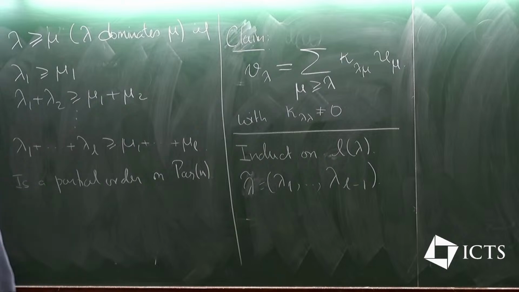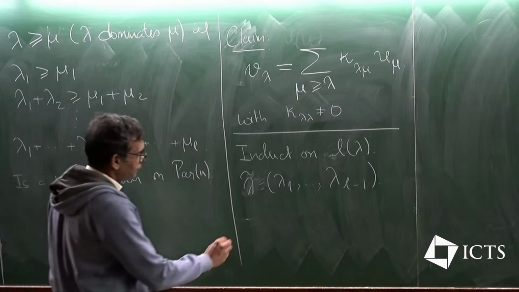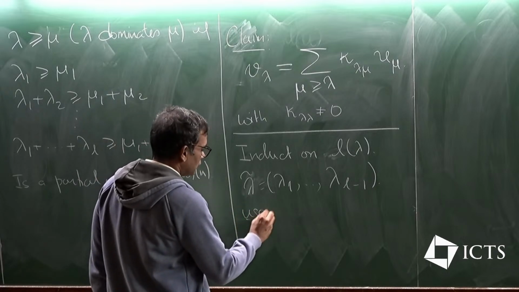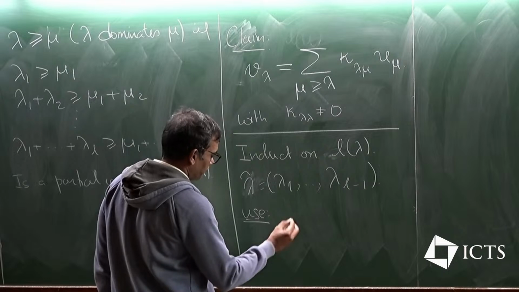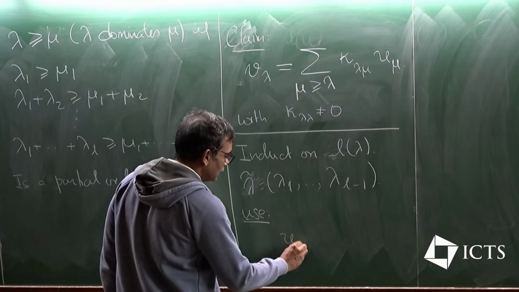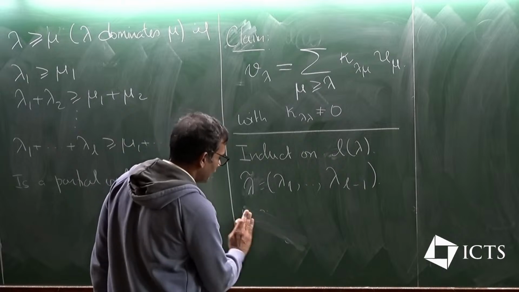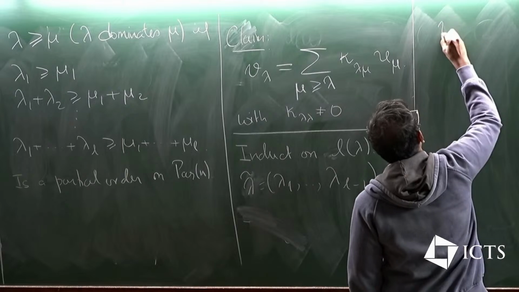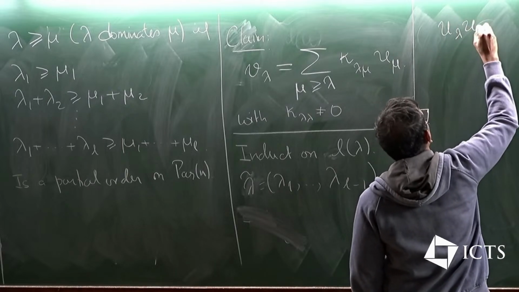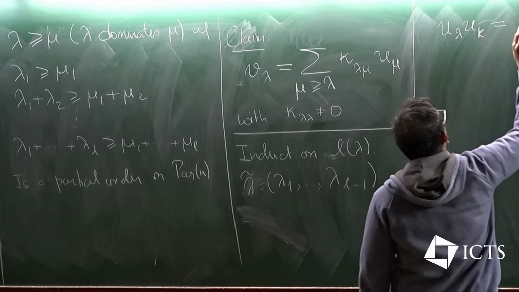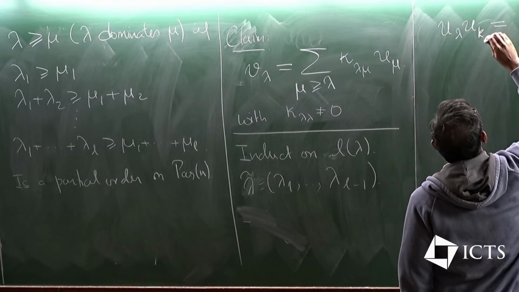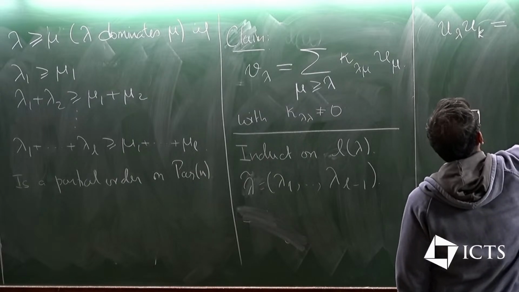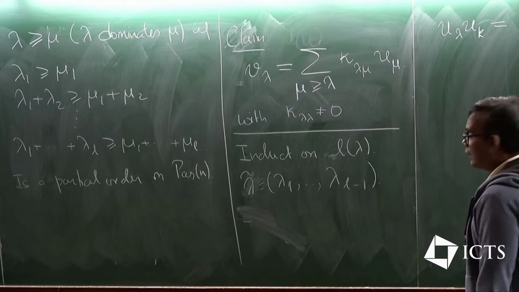So what we are going to use is the following fact. Maybe I should have written it. Let me write it in a separate place. The induction step will be based on the following thing. Suppose I take U lambda UK. What is this? This is a sum over mu, and what will occur in this sum?